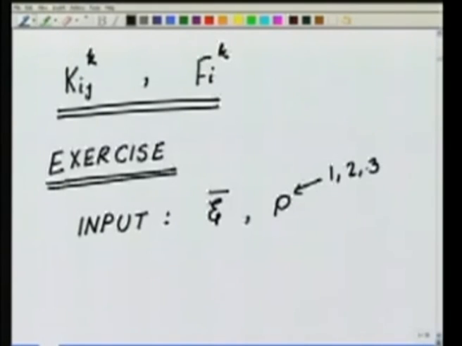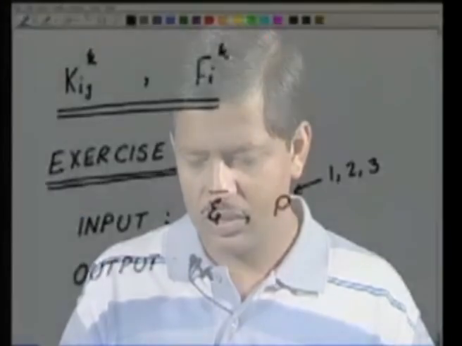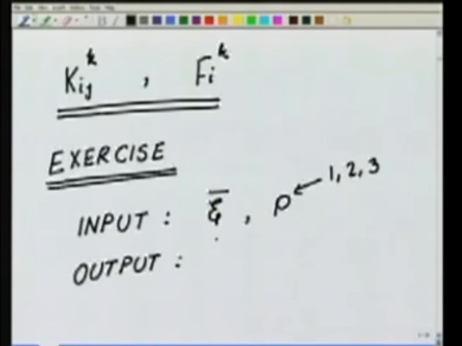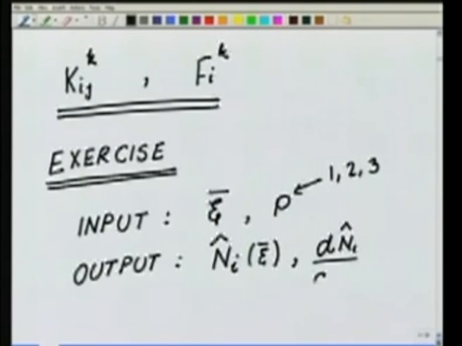Now given this input, what I want as output is the values of the shape functions N_i hat at the point psi bar and the values of the derivatives of the shape functions at the point psi bar.